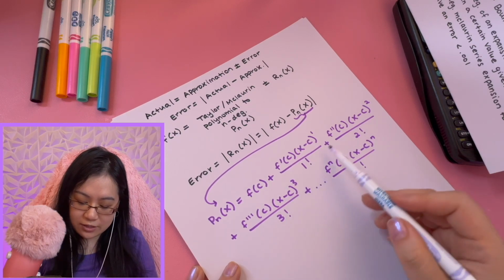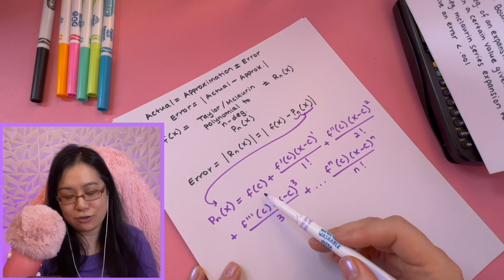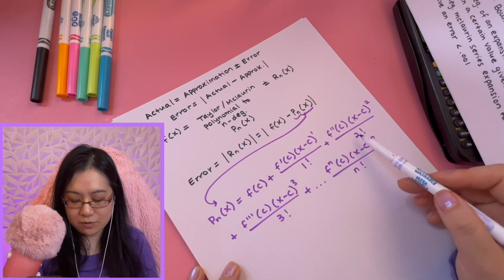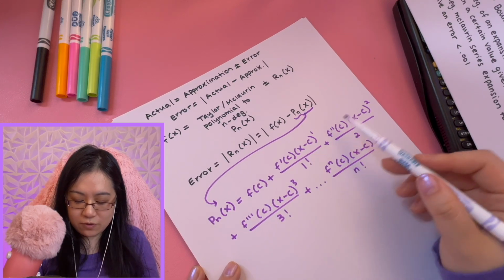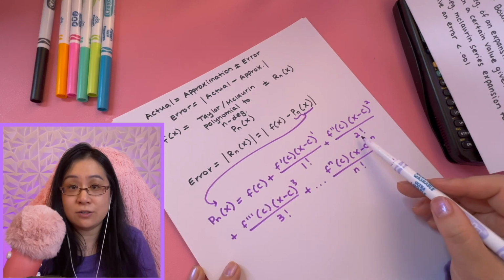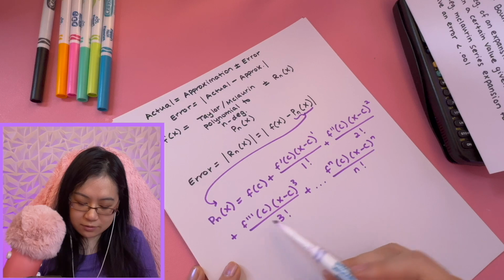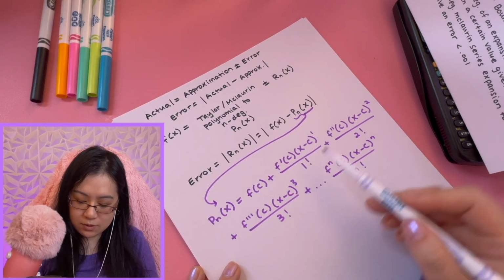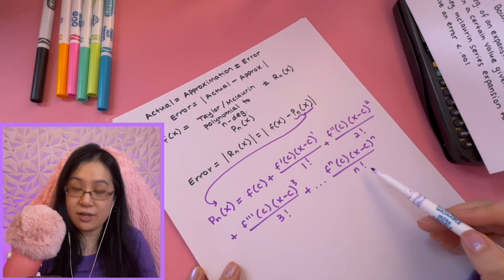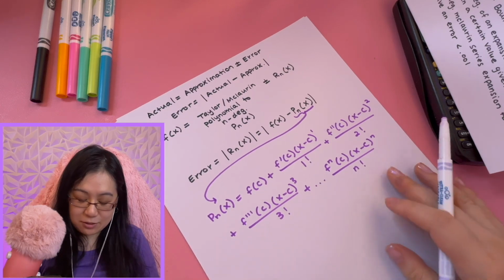And then divided by n factorial: 0 factorial, 1 factorial, and so on, nth derivative, nth power, nth factorial. So that's our pattern here.